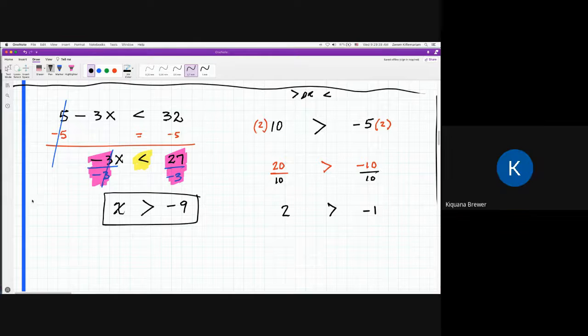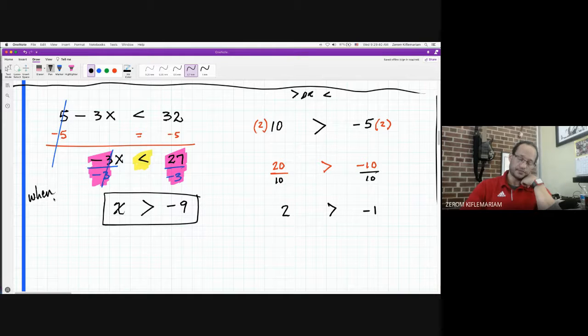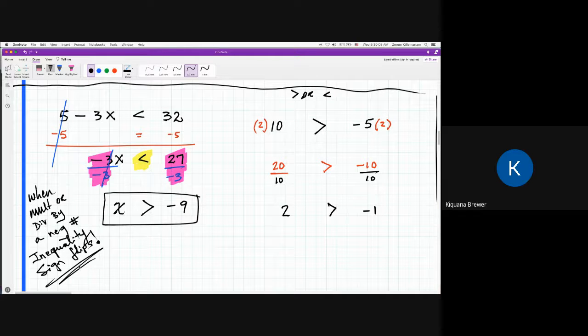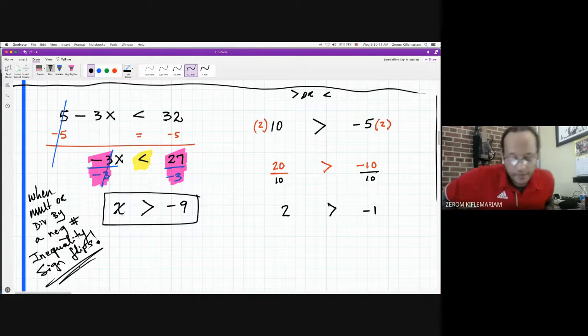When multiplying or dividing by a negative number, the inequality sign flips. Does that make sense, everybody? Okay, so we always need to remember that.